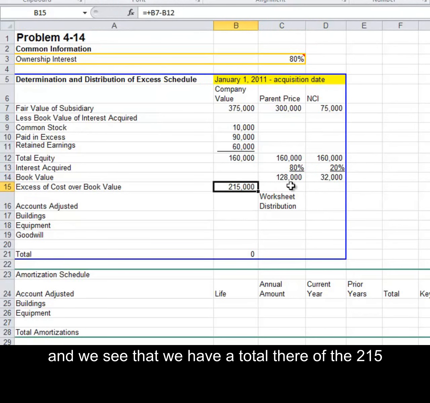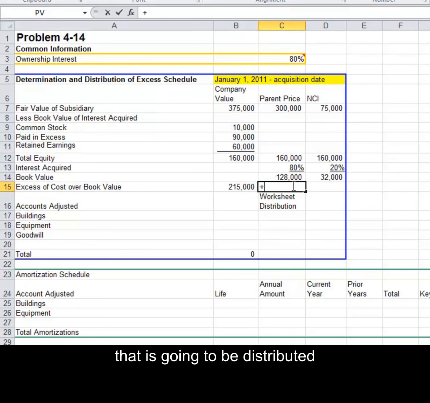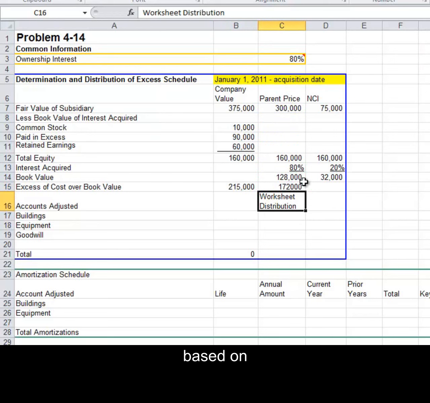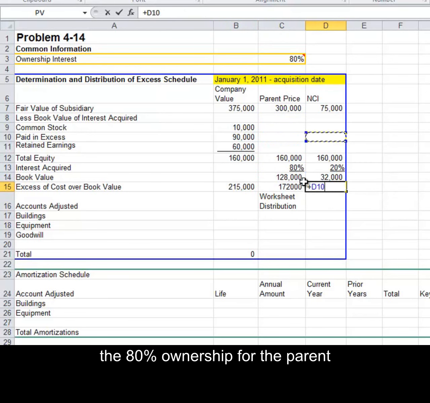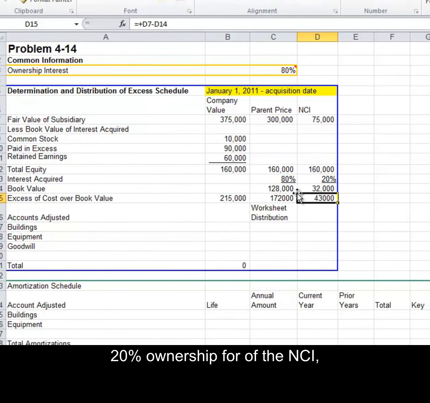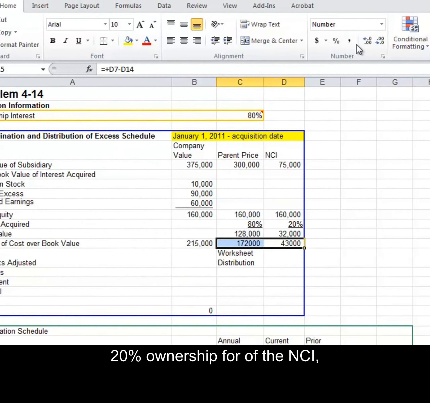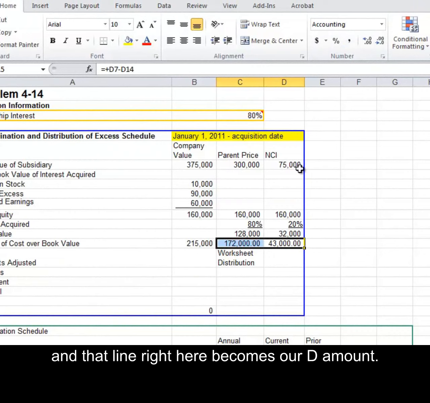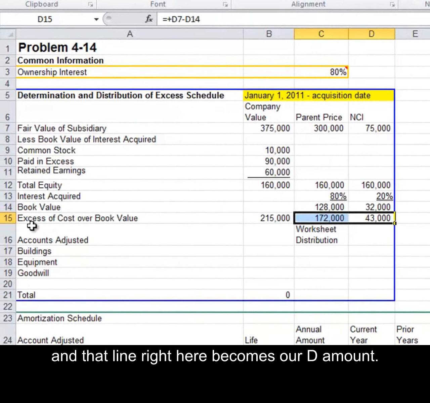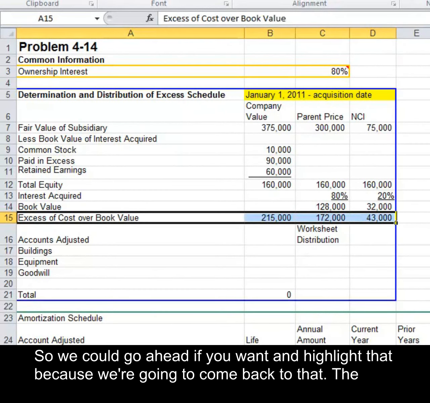And we see that we have a total there of the 215 that is going to be distributed based on the 80% ownership for the parent, 20% ownership for the NCI. And that line right here becomes our D amount. So we could go ahead if you want and highlight that because we're going to come back to that.